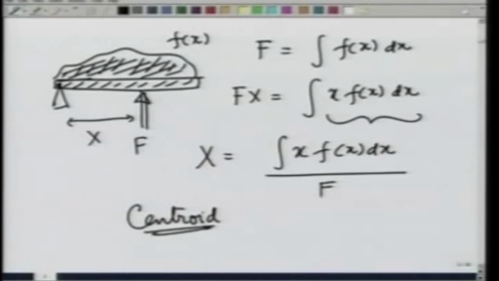That is, in that situation, the force applied by the pin joint will be 0. As such, in the case of f x being the gravitational force, the centroid gives the position of the center of gravity. Let us take some examples.